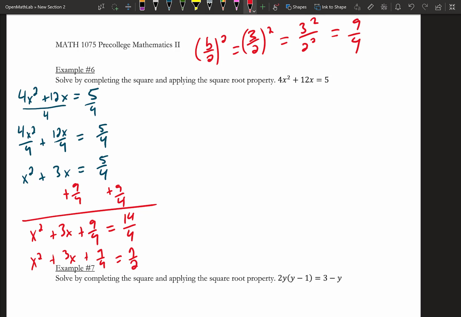Then the left-hand side will factor to be x plus 3/2 quantity squared, because remember, we take b divided by 2, and that's going to go there. That's equal to 7/2. So now's where I apply the square root property. I can take the square root of both sides, and we have to put a plus or minus on one side. So I'm left with x plus 3/2 equals plus or minus the square root of 7/2.